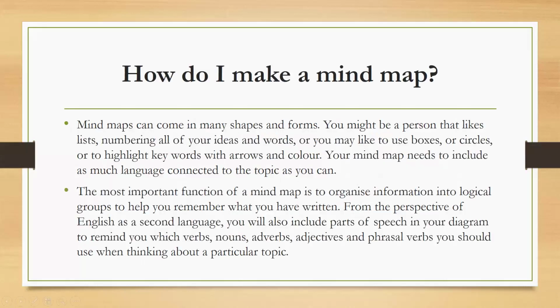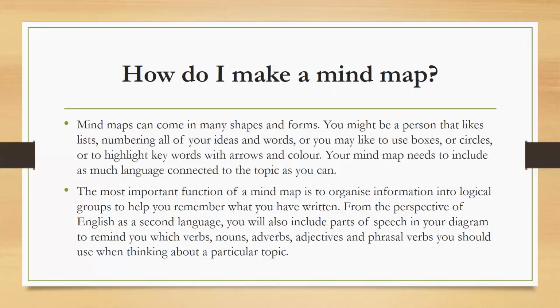Now, how do I make a mind map? Mind maps can come in many shapes or forms. You might be a person that likes lists, so you make a list. That's your mind map. Or numbering, you want to number all the points you want to talk about.